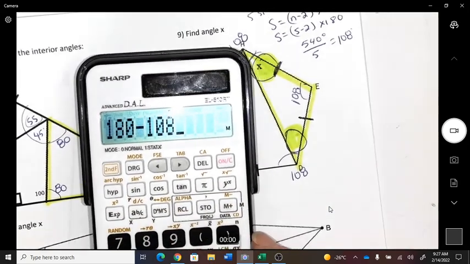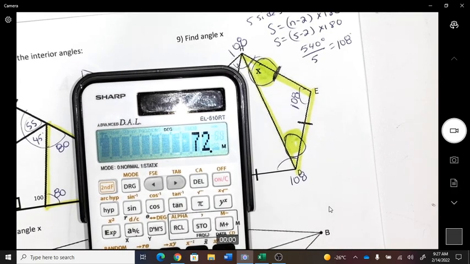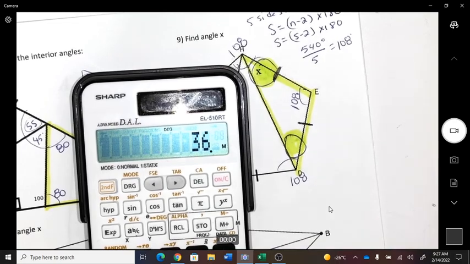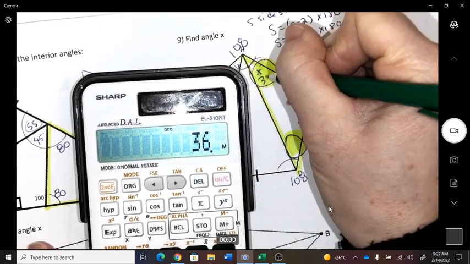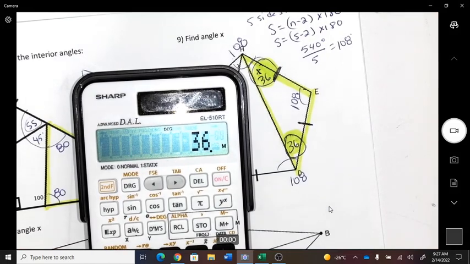I'm going to go 108, subtract the 108. 72 is left. I have 72, and I'm going to divide it by 2 so that I can make each one 36. I can copy this for you later if you want. So if you want just copied, I'll do that.